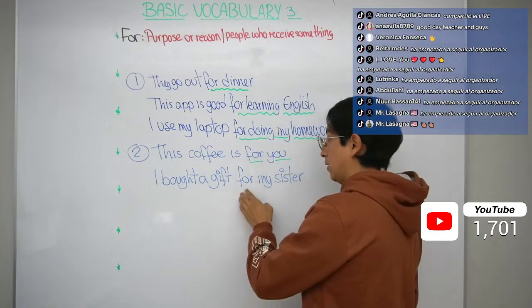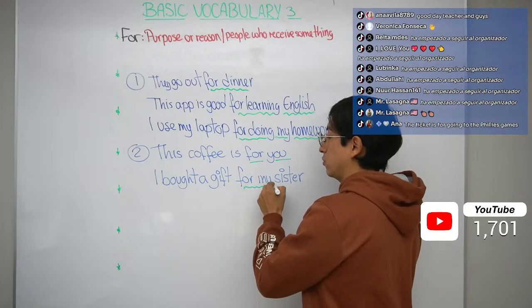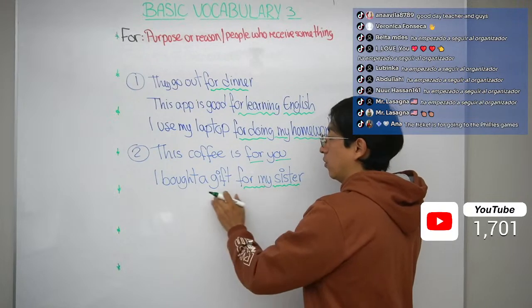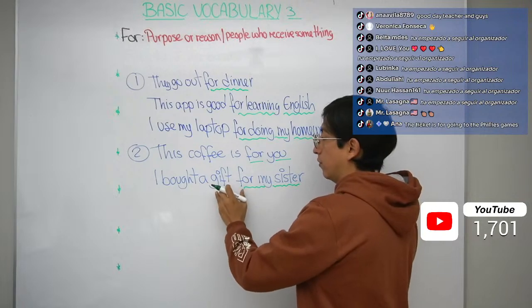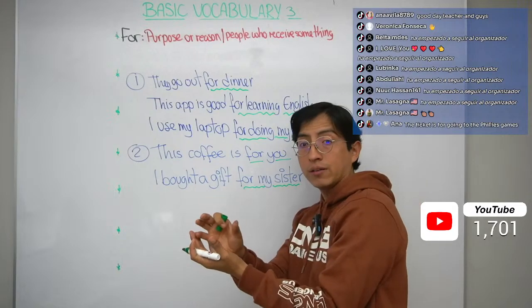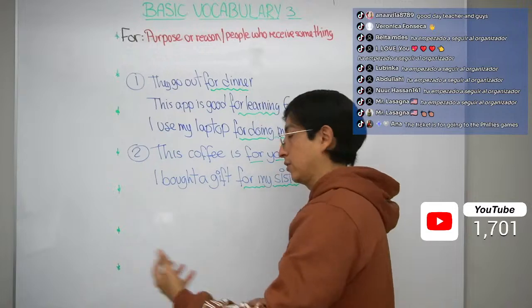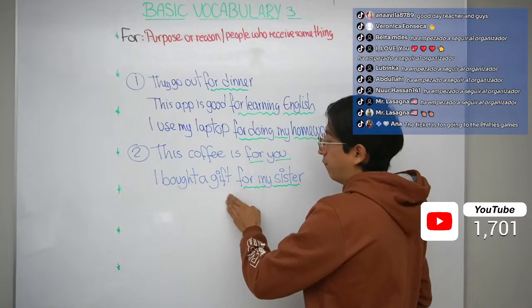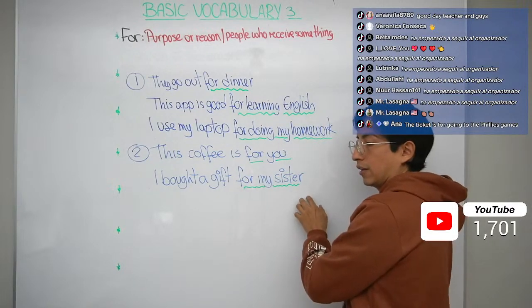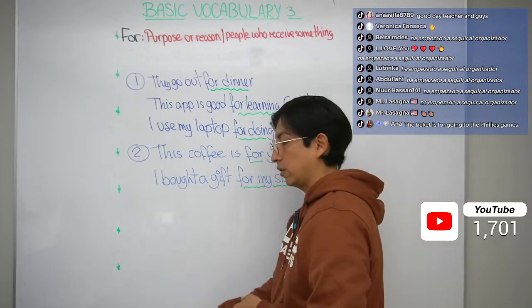We are using this because my sister is going to be the person who will receive a gift. I bought a present. This is a present that I bought because my sister is going to receive it. Okay, for my sister. So this is also something we're going to use here.